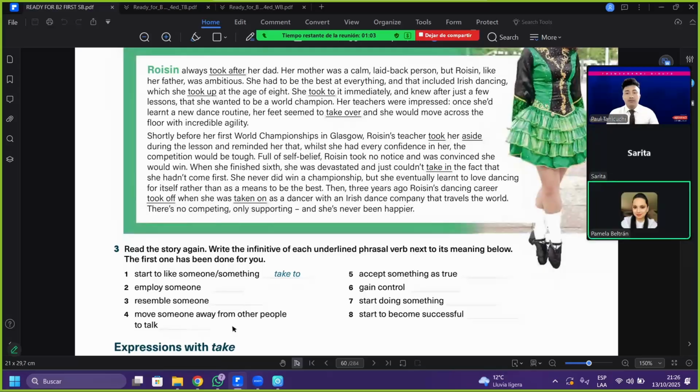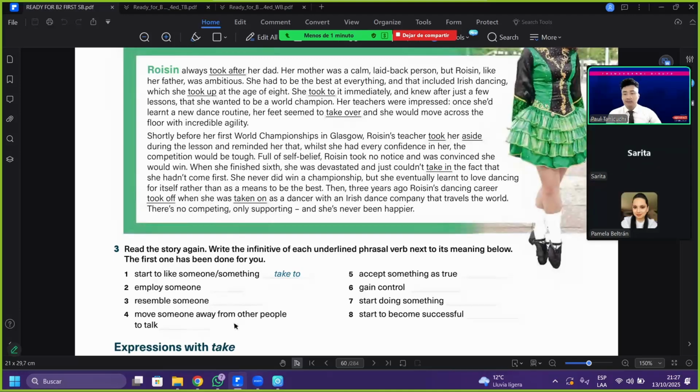It could be took her aside. Yes, to take aside. Perfect. But the structure of this phrasal verb is a little bit interesting, because you have to put take, then the person or the personal pronoun, and then aside. For example, took her aside, took them aside, took him aside, or took me aside. All right?